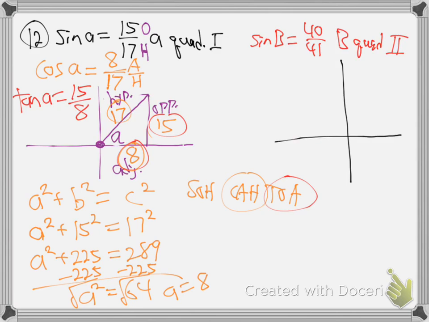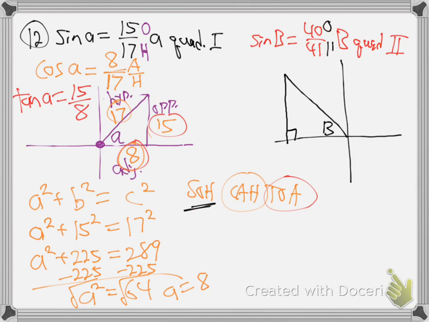Here you're in quadrant 2. So go ahead and make your angle B in quadrant 2, do the SOH CAH TOA, do the Pythag. Let me give you just a second. So you put B right there at the origin. Angle B right at the origin. And the sine is opposite over hypotenuse.